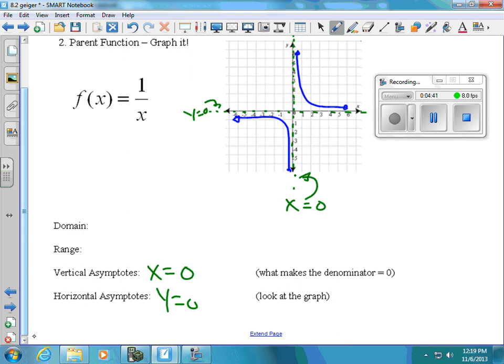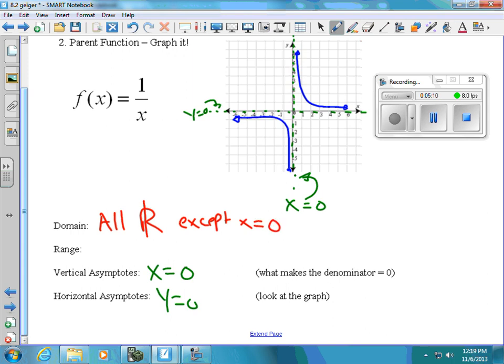Our domain is the x values. What's the only x value that you cannot plug into this function? Well, the only place where the x value has no output is on the vertical asymptote, x equals 0. So our domain is all real numbers, and this R with another line through it means real numbers, except x equals 0.